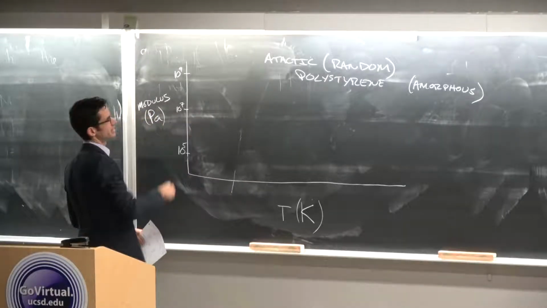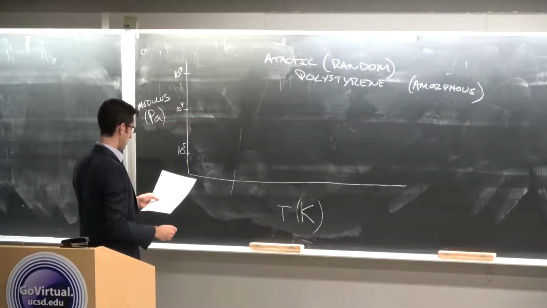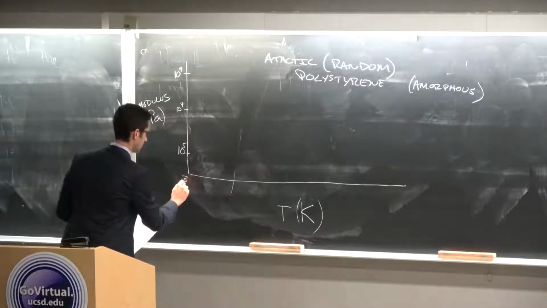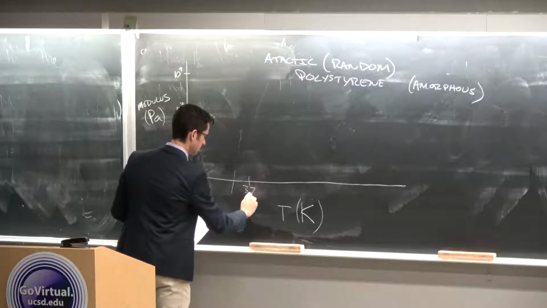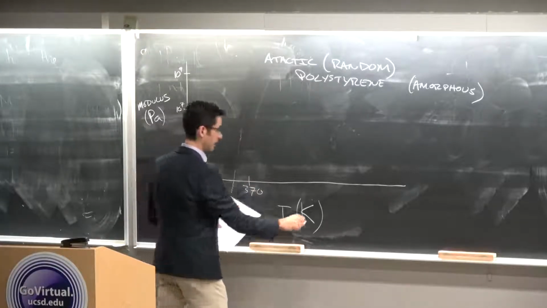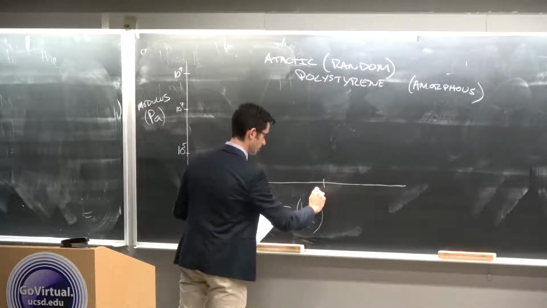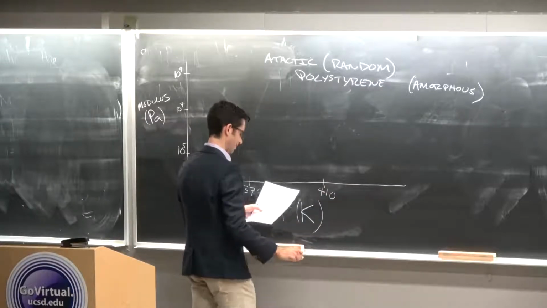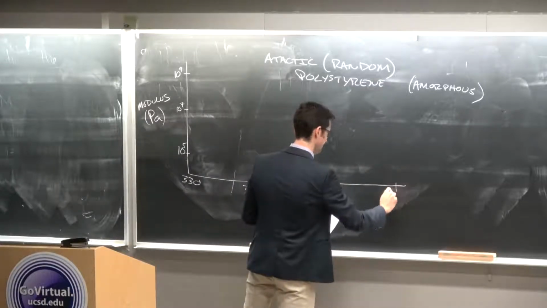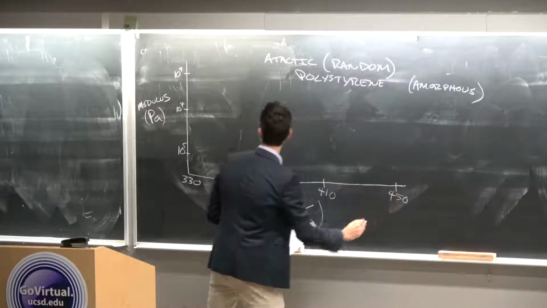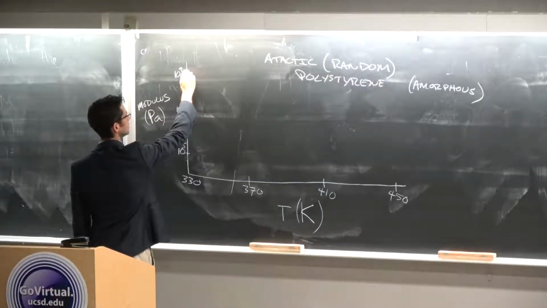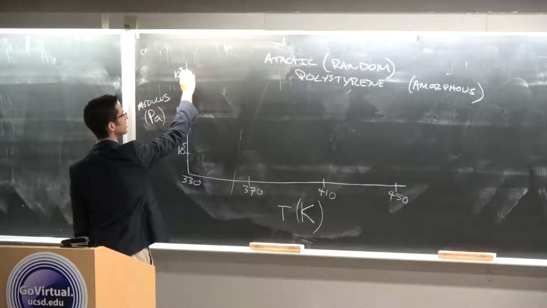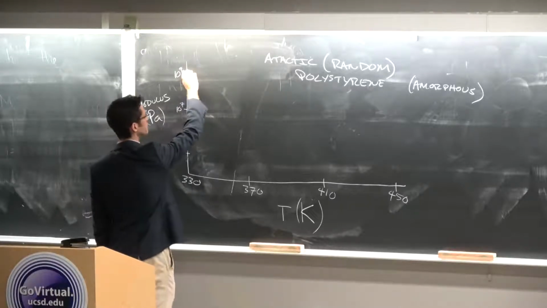So the modulus of atactic polystyrene, and we'll do this from 330, and you'll see why I've chosen such bizarre axis labels in a second. We start out at just above 10 to the 9th, so we're in the gigapascal regime.